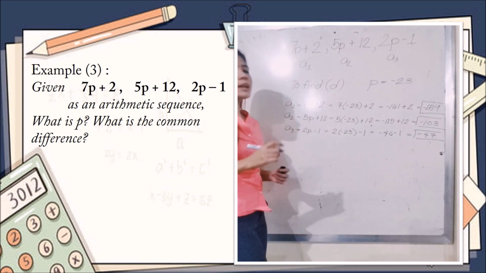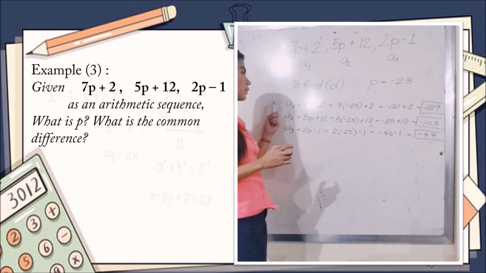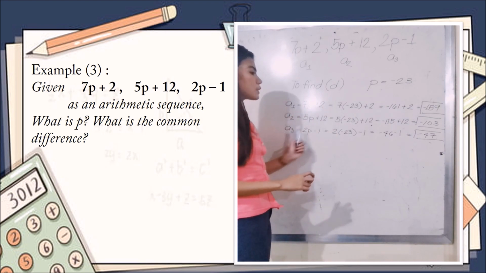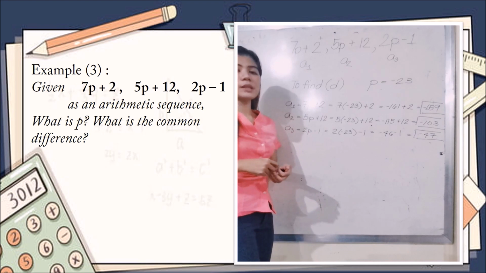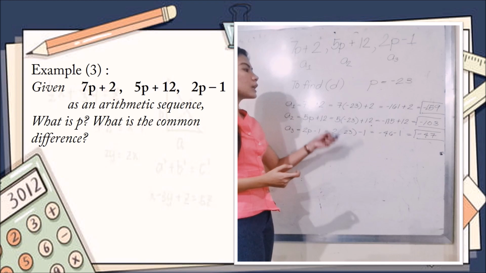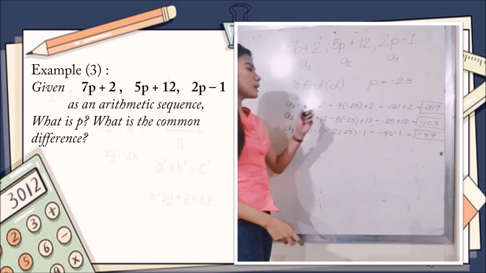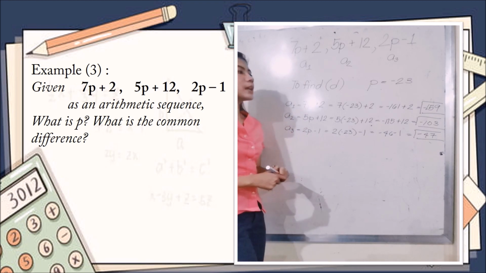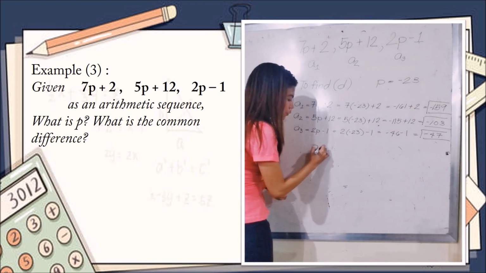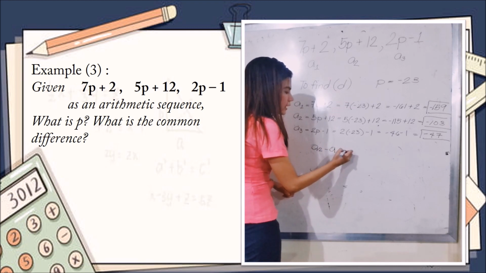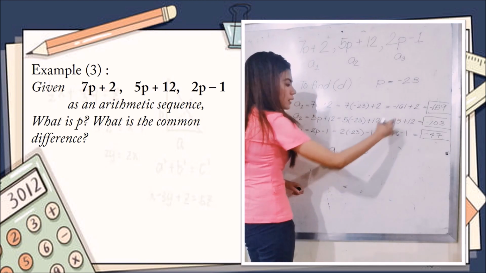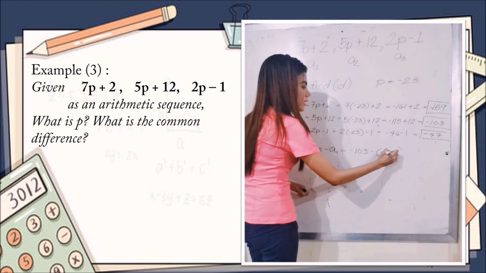So ngayon, meron na tayong value ng a of 1, first term, a of 2, second term, a of 3, third term. Pwede na natin makuha ang kanilang common difference by subtracting two succeeding terms. Isusubtract natin si a of 2 and a of 1, a of 3 and a of 2. A of 2 minus a of 1 is equal to negative 103 minus negative 159.